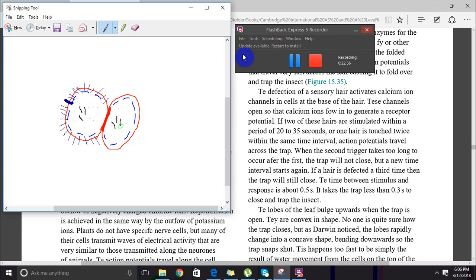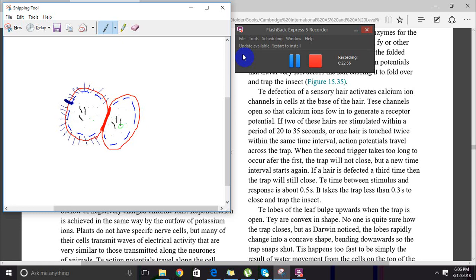And only then will action potentials travel across the trap. So when the second trigger takes too long to occur after the first, the trap will not close and a new time interval starts again.